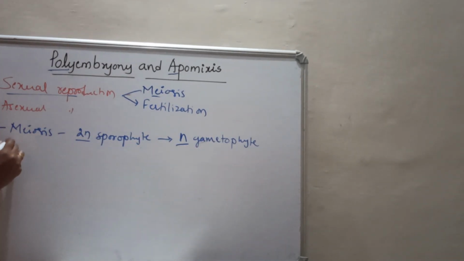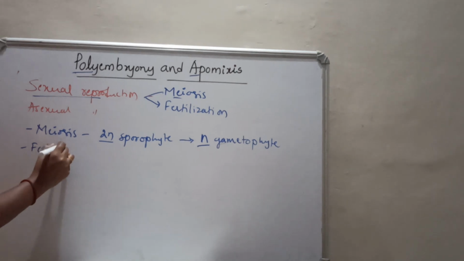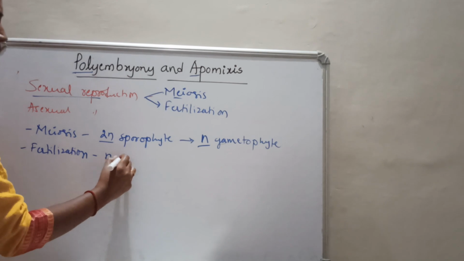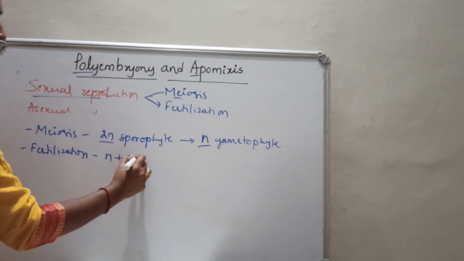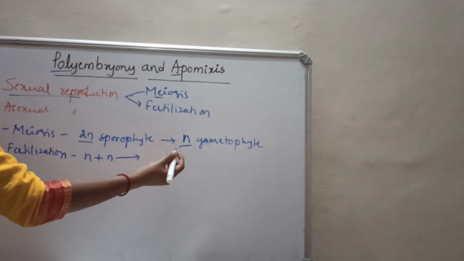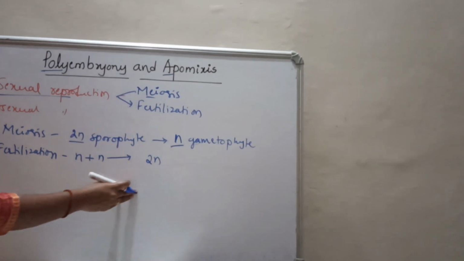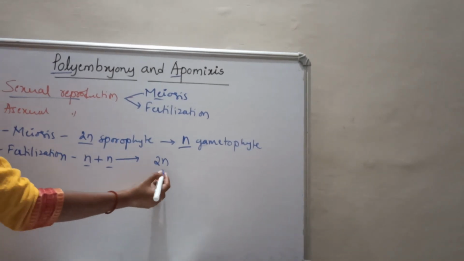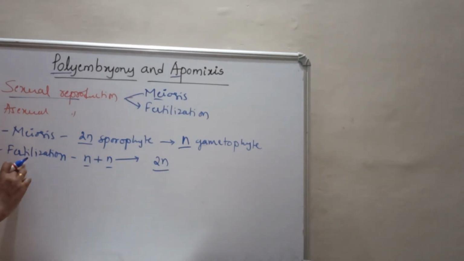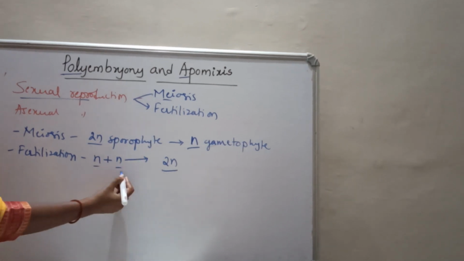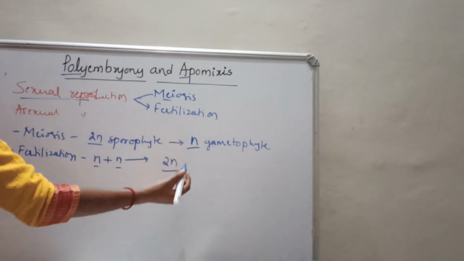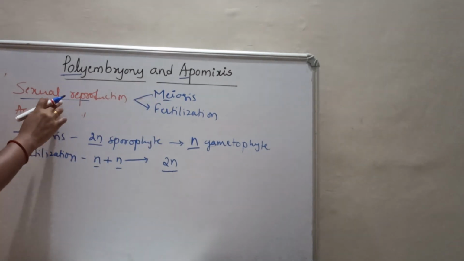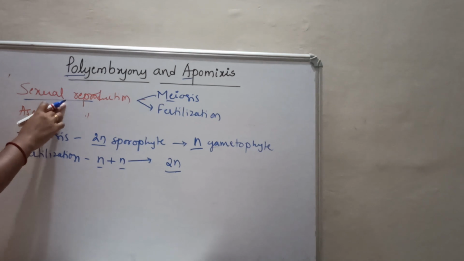And the second one is fertilization, the process in which the haploid gametophytic generation becomes the diploid sporophytic generation. The haploid male and female gametes fuse and form a diploid zygote. These are the two important processes that take place in sexual reproduction.